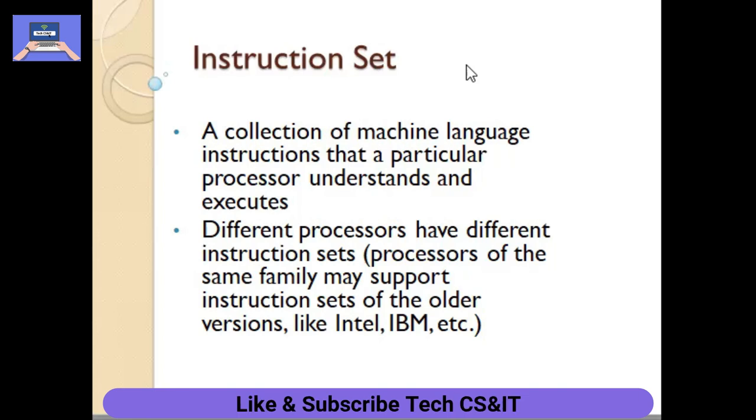Each processor is built on a specific instruction set that it can understand. Different processors have different instruction sets. For example, IBM has a different instruction set, Intel has a different one, and AMD has a different one as well. Processors of the same family may support instruction sets of the older versions, because an instruction set works like a base.